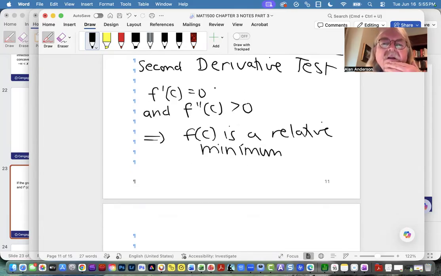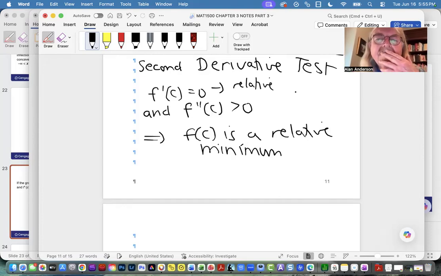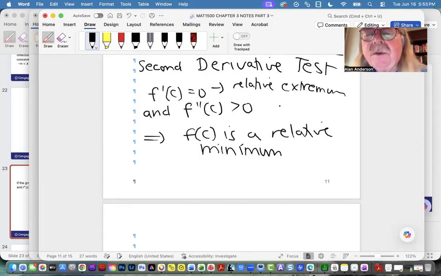Okay, so this part tells us that this is a relative extremum. And therefore, on top of that, knowing that the second derivative is positive tells us that it is a relative minimum.